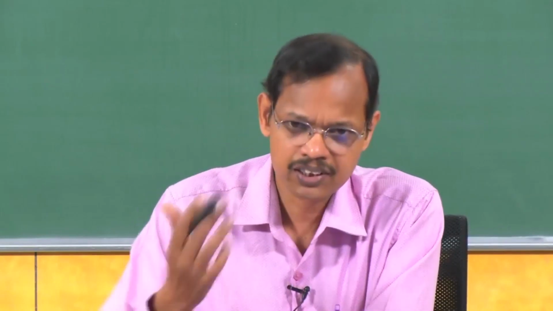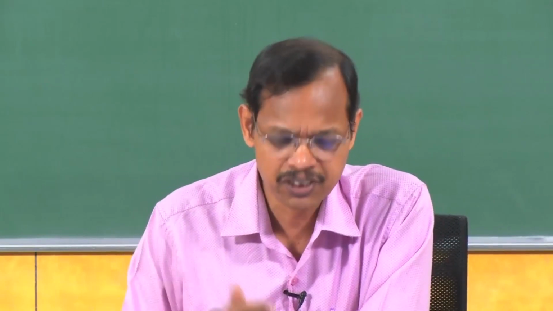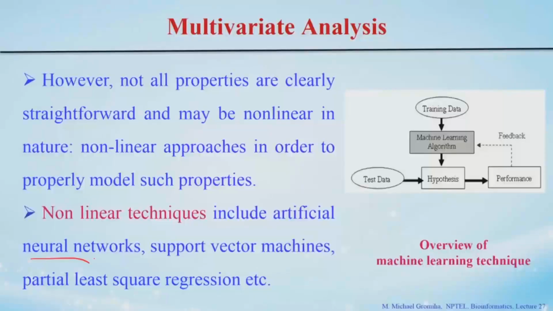Sometimes the properties are not straightforward, so you cannot fit them with linear regression. In this case we can use nonlinear techniques, and also different types of machine learning, which I will discuss later. For example, neural networks and support vector machines. We have the training data and put it into these machine learning techniques, which try to fit the data for all the features plus the activity.